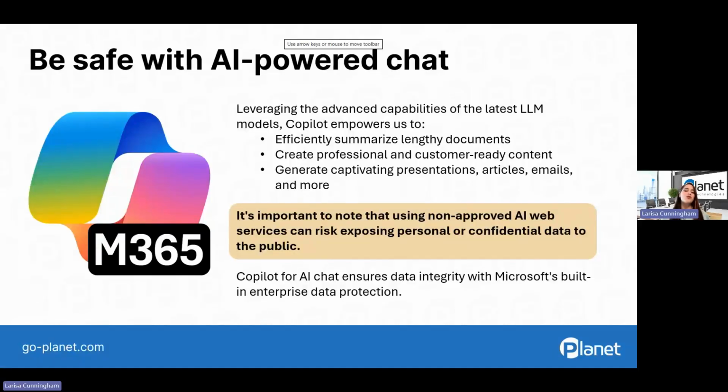There are some really cool tools out there, but it's just really important to make sure that when you're thinking about a professional environment, we do need to make sure that we're using approved AI web services because some of the innate way that these tools are built can potentially expose personal or confidential data when they're not approved and when they're in that more public capacity.